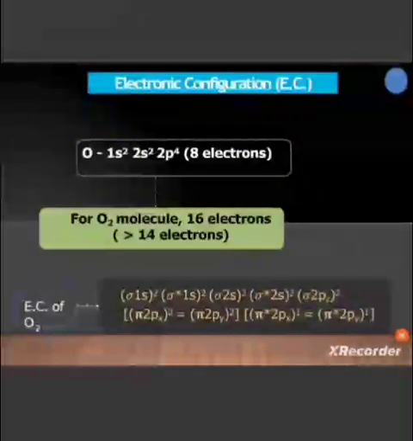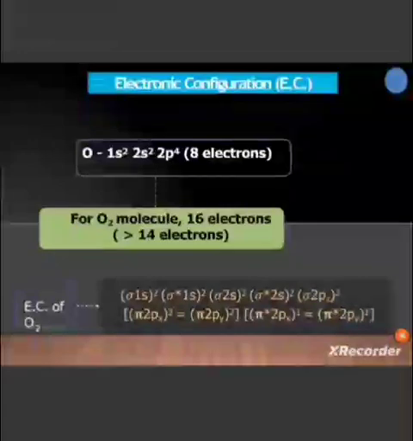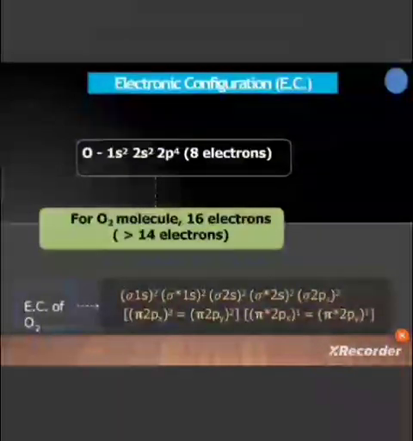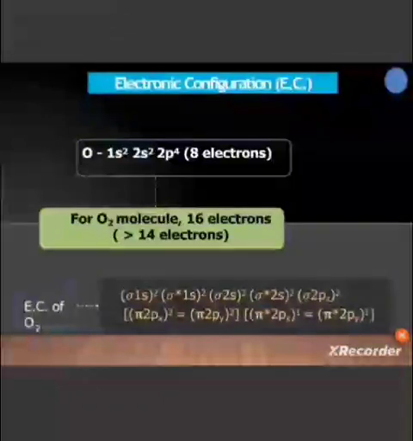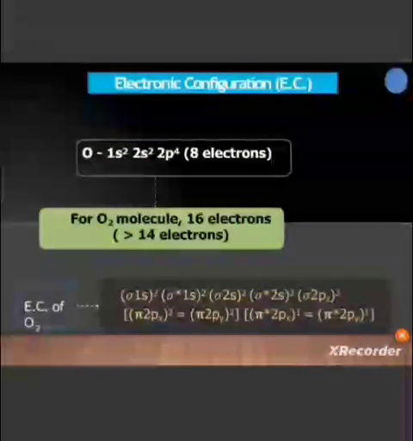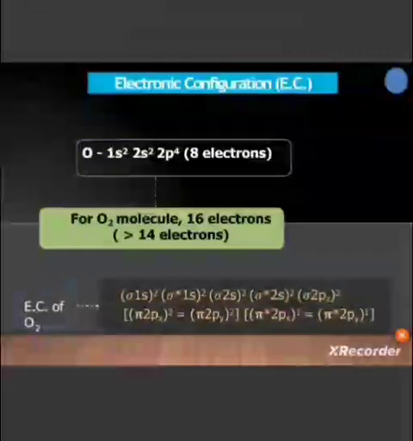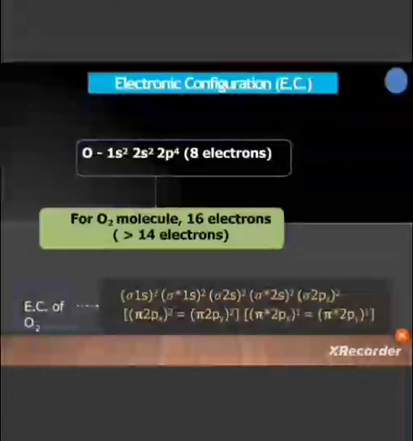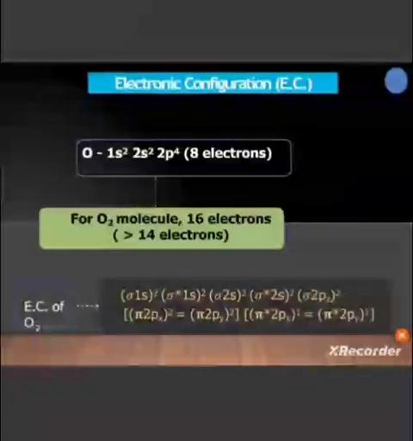Now, for the oxygen molecule, the electronic configuration of oxygen is 1s2, 2s2 and 2p4. Each oxygen atom has 8 electrons. Hence, in the oxygen molecule there are 16 electrons. The electronic configuration is shown in the picture.